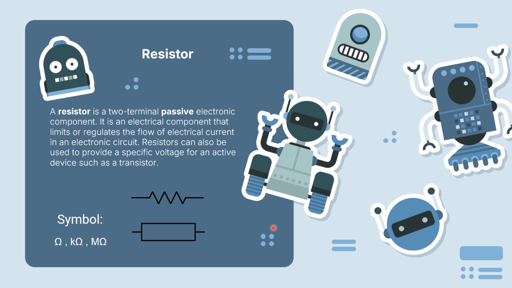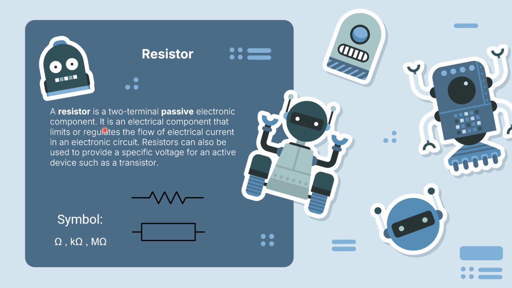So now we will get familiar with the most famous and simplest electronic component, which is a resistor. The resistor is a two-terminal component, as you can see here with the symbol. Because it is a passive component, its terminals are no different from each other, so we can place it in the circuit in any way, meaning it does not have a positive or negative terminal.